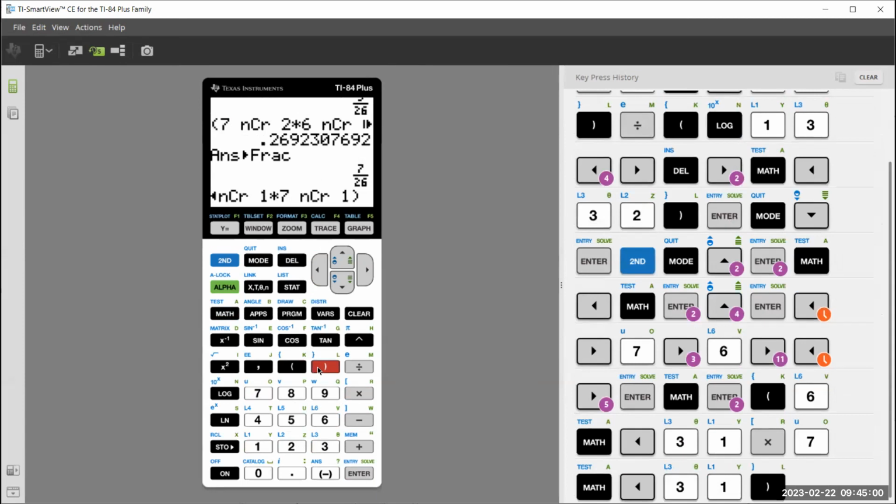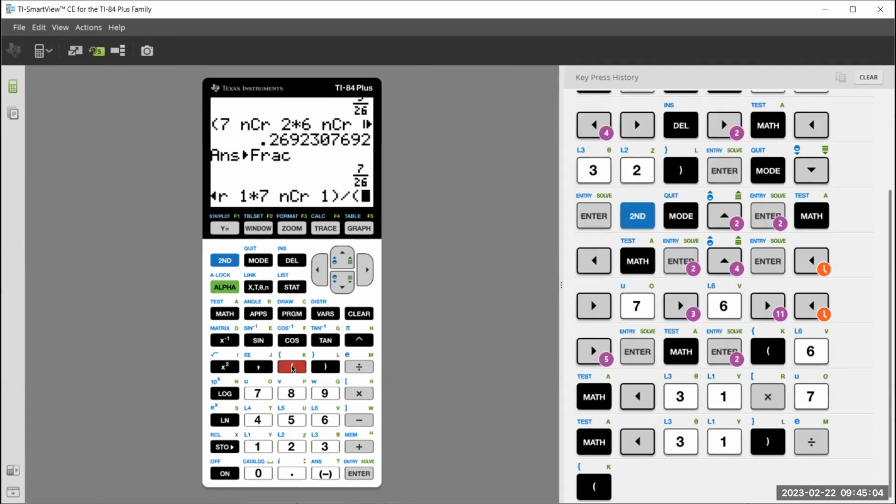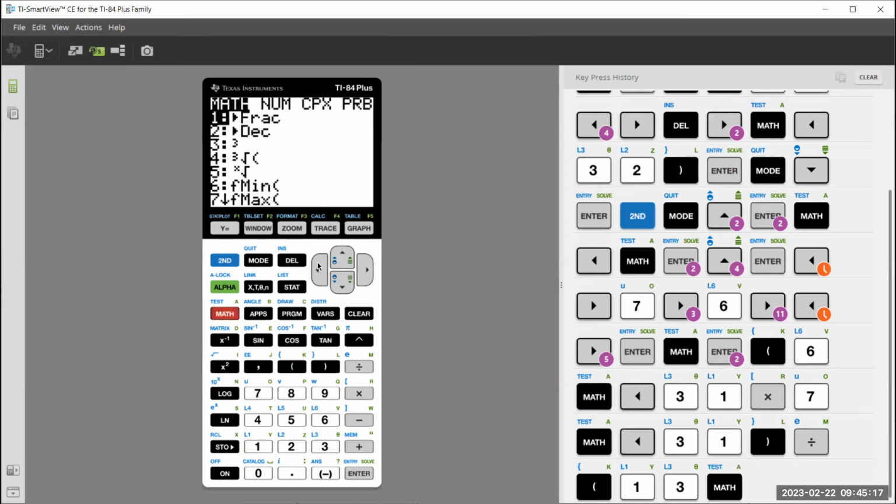That gives you that. Then you divide that by open parenthesis 13, math, probability, nCr 2.